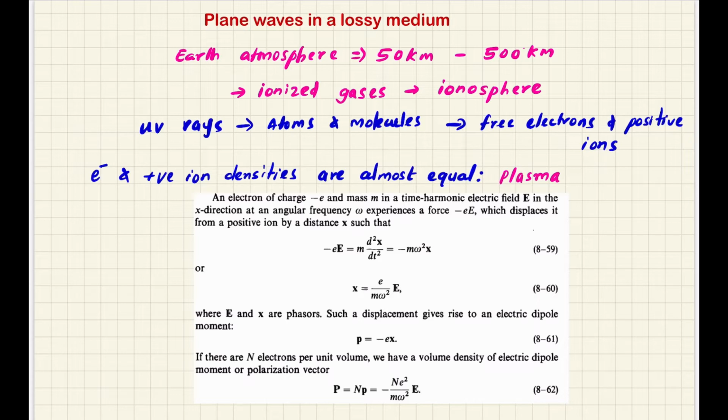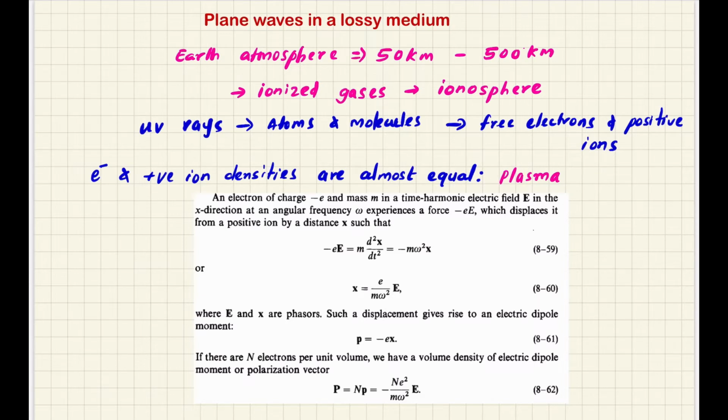And the dipole moment per unit volume is called the polarization. Okay, now suppose that there are N electrons per unit volume. Basically these N electrons will be created from N atoms, suppose. Then the polarization is given by the capital N, which is the electron density or number of free electrons per unit volume.